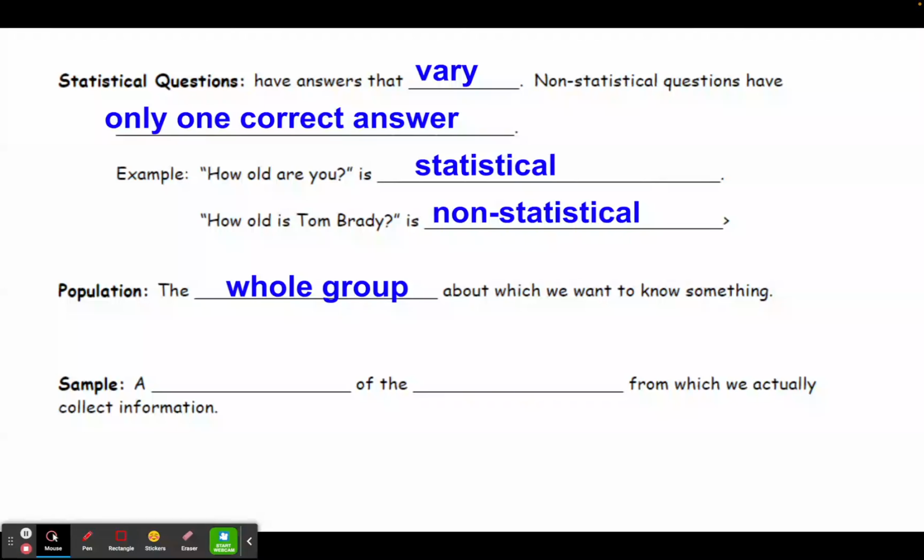And maybe we want to know how much the bees in the beehive weigh. A sample is a subset of the population from which we actually collect information. Maybe our beehive has 10,000 bees in it. We can't possibly weigh all 10,000 bees, but we could take a small group of bees and weigh them. And the small group that we weigh would be our sample.